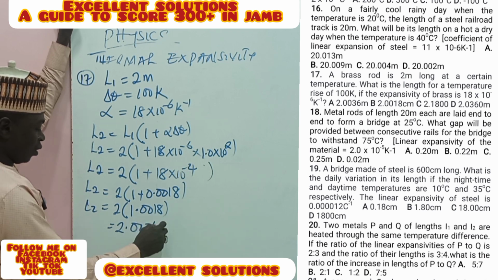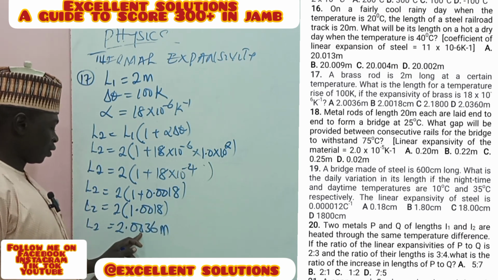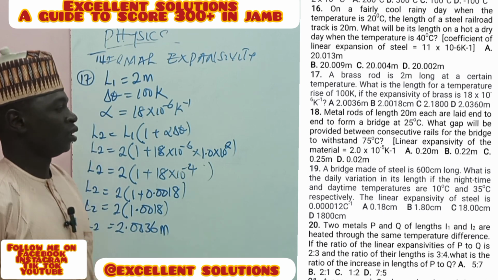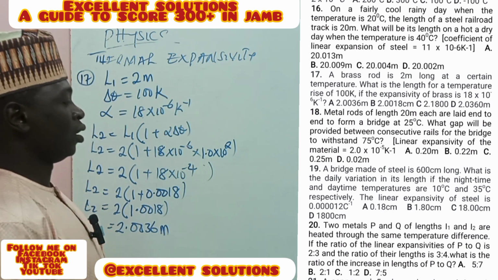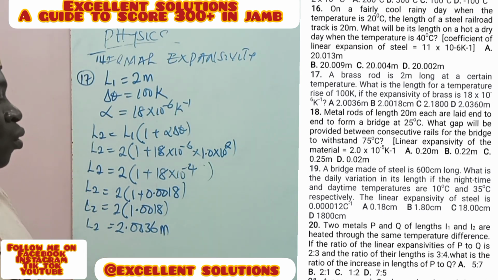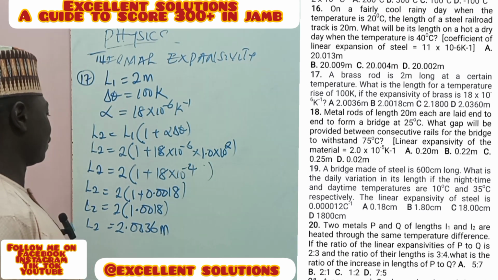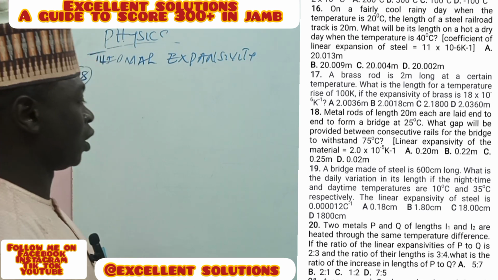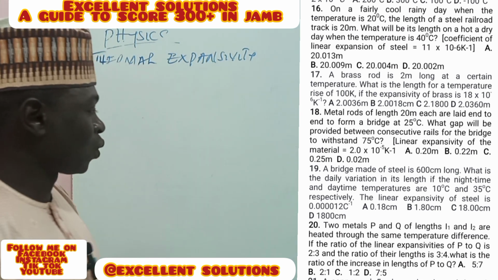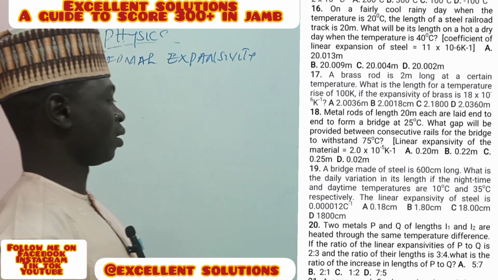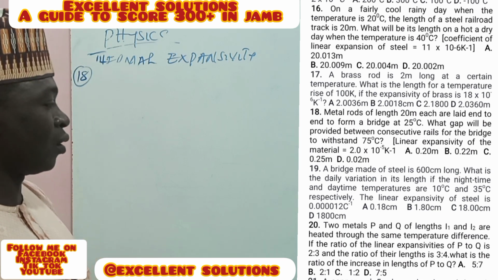So this is now 2.0036 meters. If we look at our options, we have it in option A, 2.0036 meters. The answer is A.